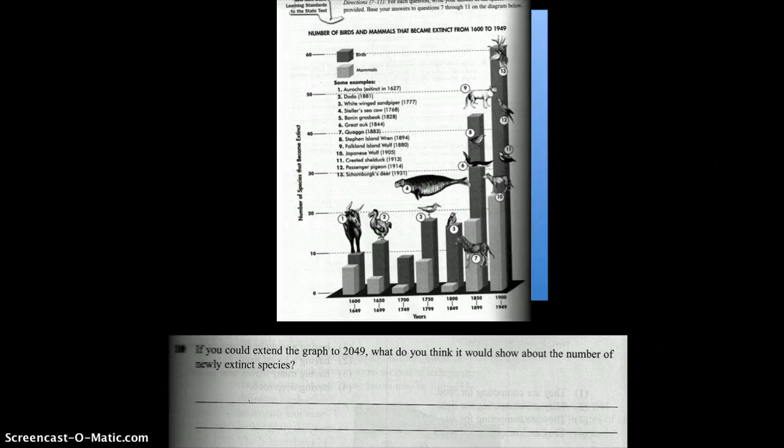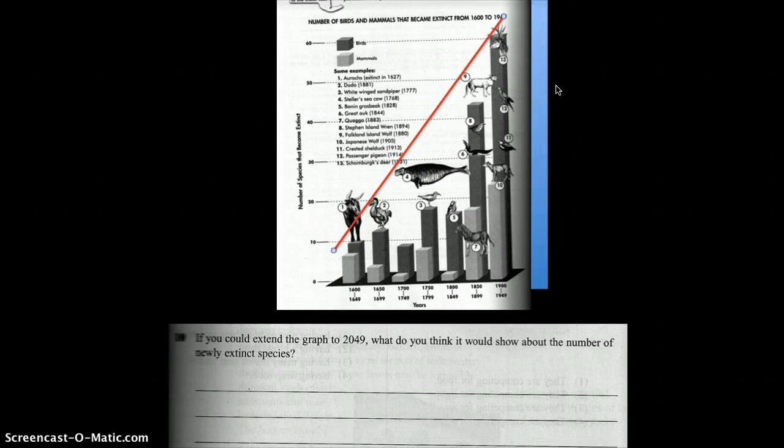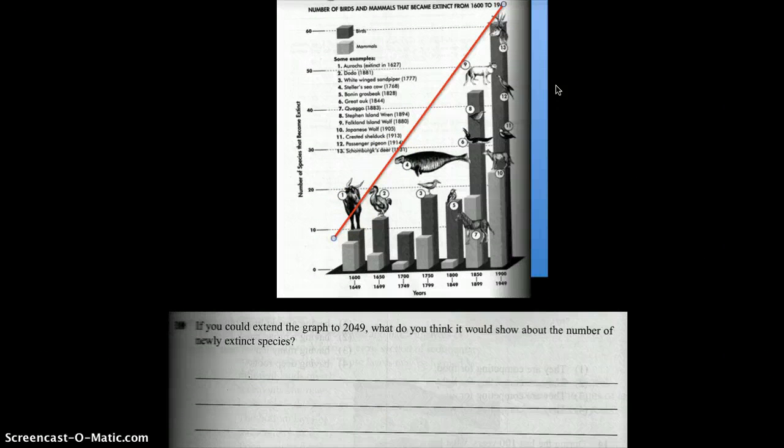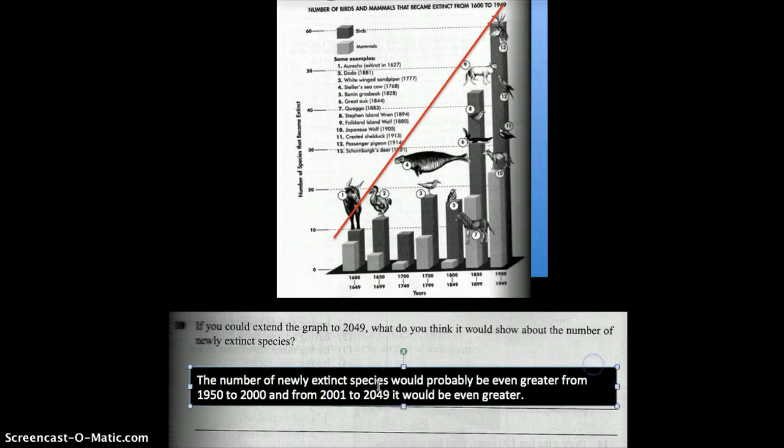We know that it was going up and down to about there, but there is a general trend where it was just increasing. So just based on this diagram, because that was our directions before, the number of newly extinct species would probably be even greater from 1950 to 2000, and from 2001 to 2049, it would be even greater. So I would say you could also just simply have said it would increase.